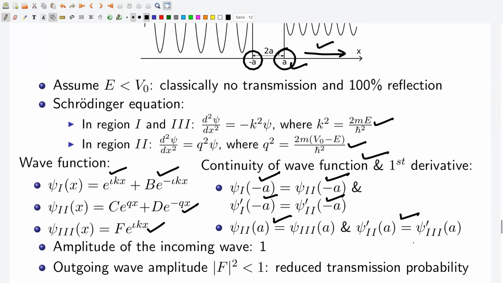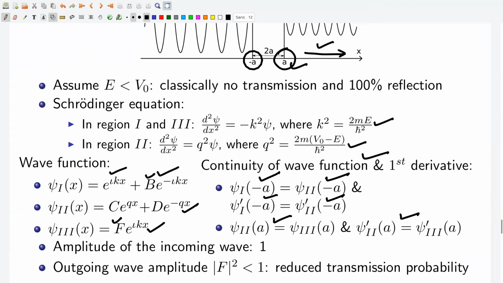Note that these constants in front of these functions are the amplitudes. For example, the amplitude of the incoming wave is equal to 1. And then the amplitude of the reflected wave will be given by mod of B square, and similarly the amplitude of the outgoing wave, that is mod of F square.